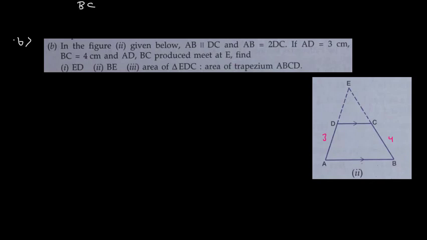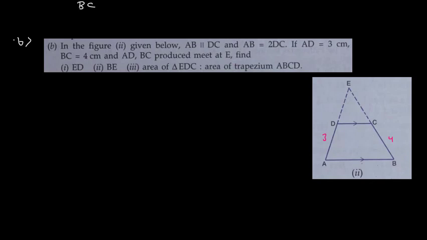Okay, so first of all, the triangle EDC and triangle EAB, we can prove that they are similar. And the ratio AB upon DC is given to us. So let us start.